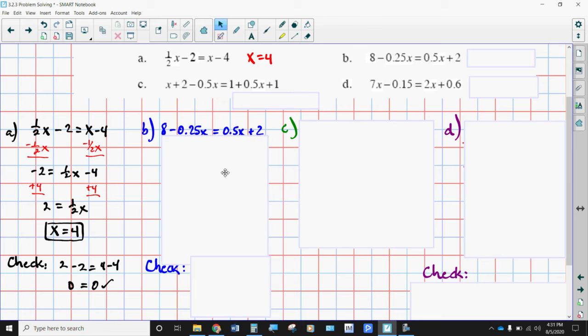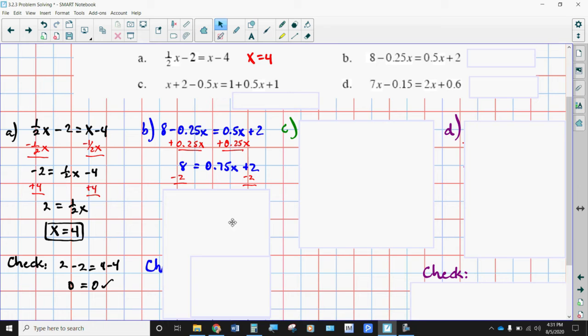For B, we copy the problem down. And now same idea, I want to collect my x's on one side. If I add a quarter of an x to both sides, it'll cancel out the x's on the left side, leaving you with only the 8. And now you'll have 75 hundredths of an x plus 2 on the right. Now we'll want to cancel out the 2 so we can get the x's by themselves.